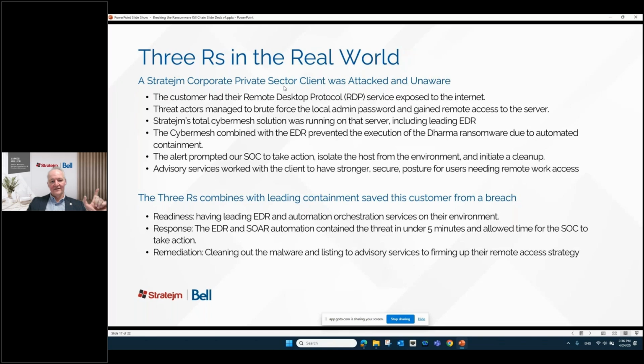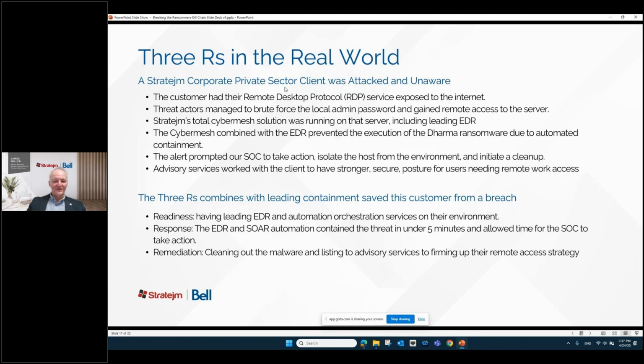But where this showed that there was traditional readiness with having some protection for remote desktop, having the response of the cyber mesh and the EDR working together, and having the cleanup. That's remediation, but we don't stop there at Bell Stratagem with just a cleanup.